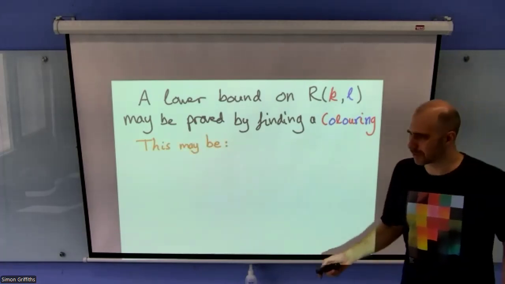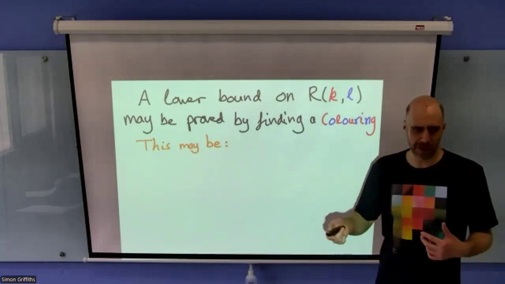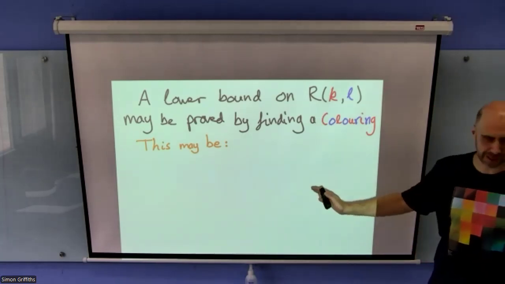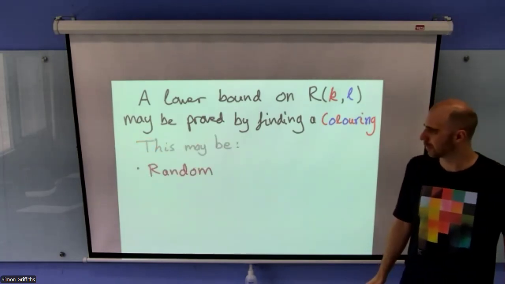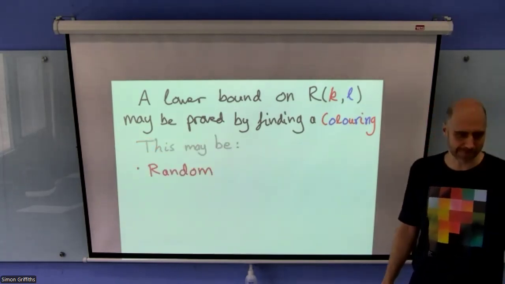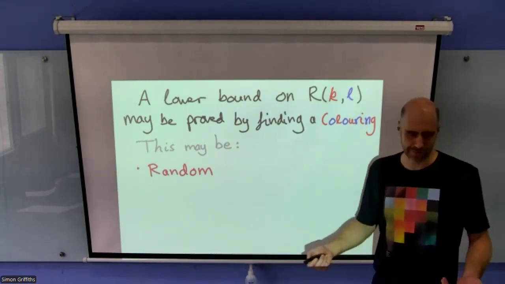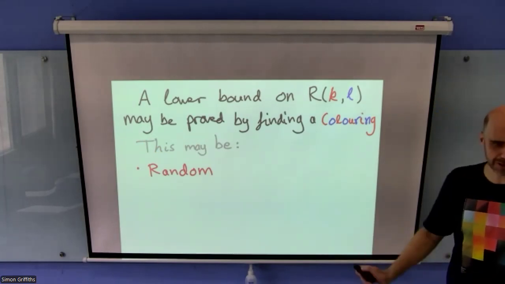Over the history of the subject, there have been many different ways in which people have done this. This is a simplification, but let's mention five such ways. It may be random, like Erdős's first construction for the lower bound of R(k,k), just a pure random colour.